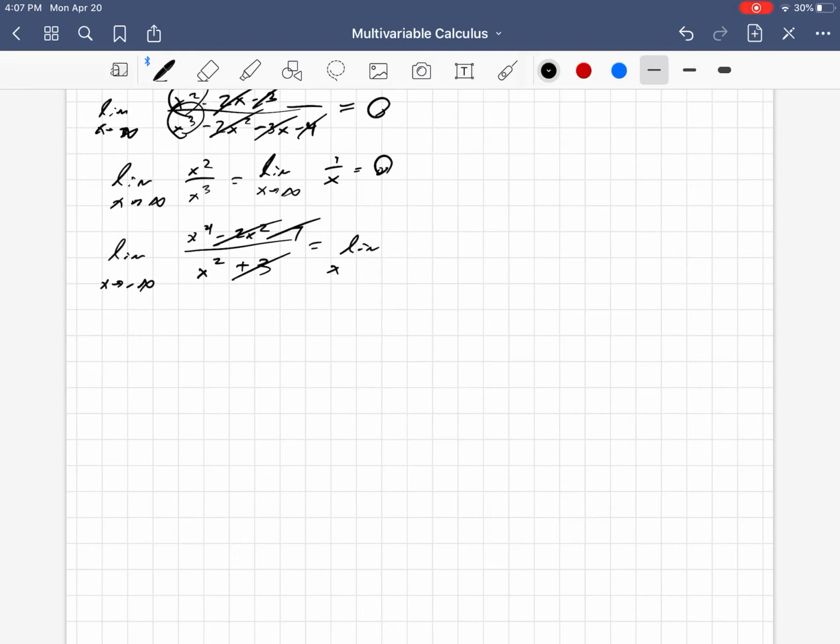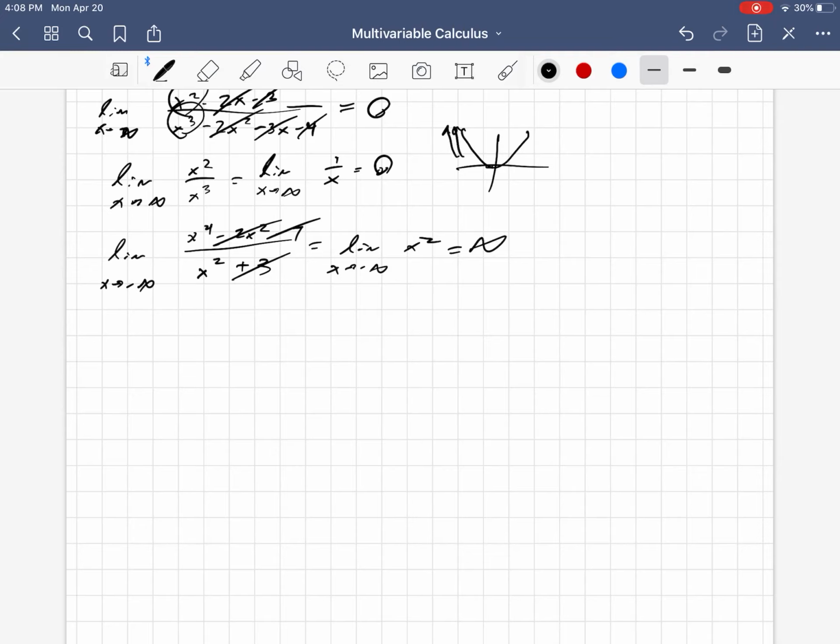So now if we were to get rid of everything but the dominating terms, we could get rid of this 2x squared and the 7, and we could get rid of the 3, and we would just have the limit as x approaches negative infinity of x squared.